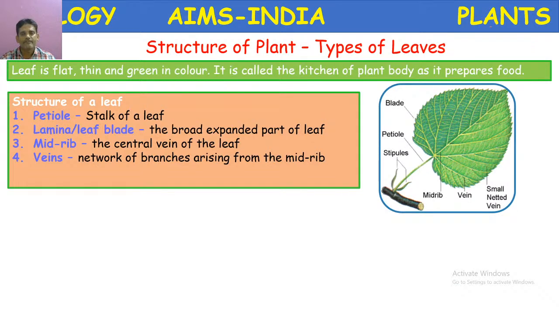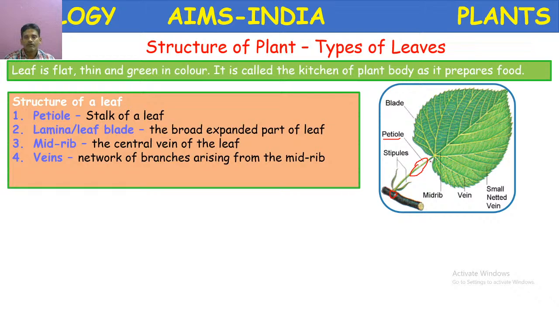Structure of leaf. If you take a leaf, the leaf is attached to the nodal region of the stem. This is the stem. This is the nodal region where the leaf arises, and the stalk of the leaf is called the petiole.